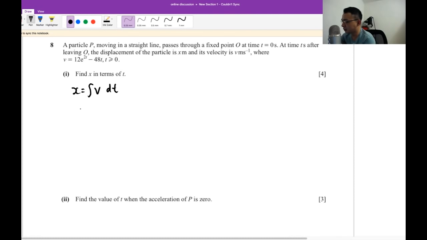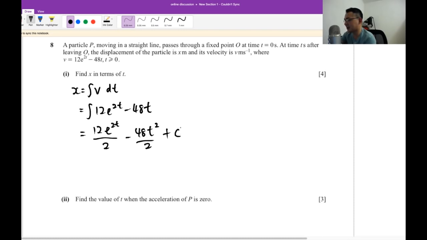So we integrate 12e^2t minus 48t. When I integrate, E will never change the power, divided by 2, because we differentiate 2t and divide it. Minus 48t, power plus 1 divided by the total power, plus c. Therefore, I will get 6e^2t minus 24t squared plus c.